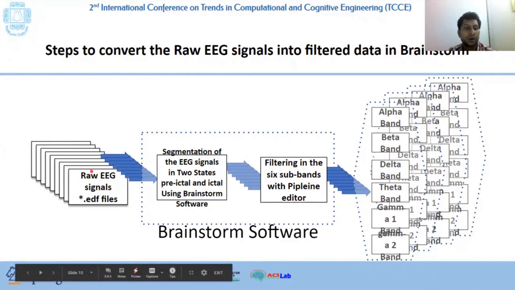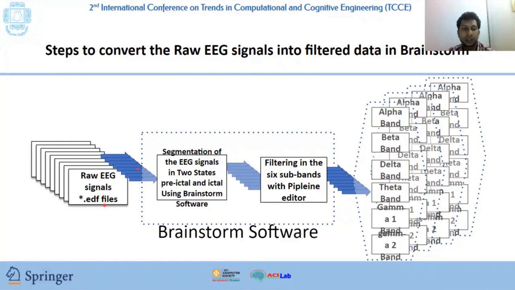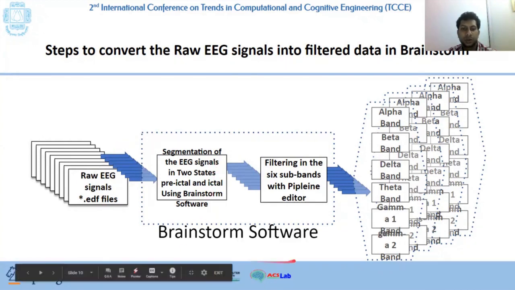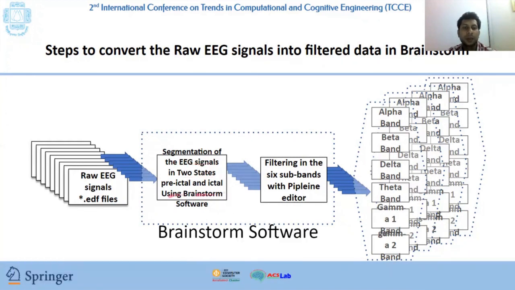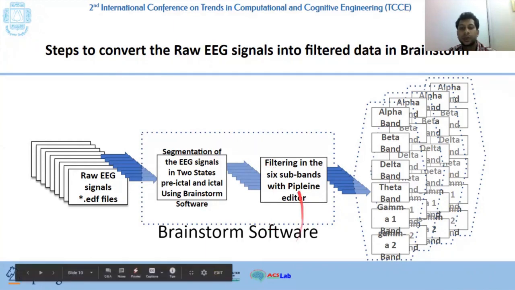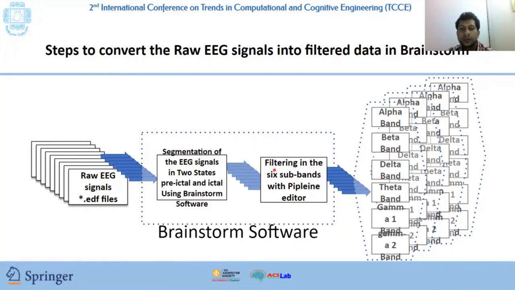We have all the raw EEG signals from the database, and we put them inside the Brainstorm software. Here we have segmented all the EEG signals in two states, preictal and ictal states, using Brainstorm software, and these states were further used by the batch processing method in Brainstorm software, where we filtered the signals in the six different bands.